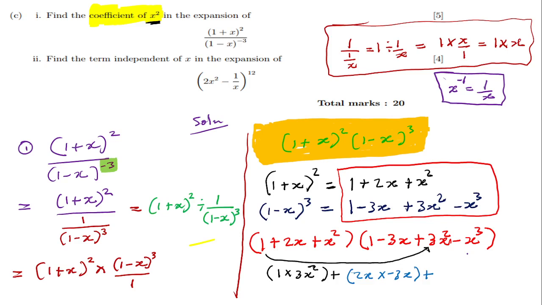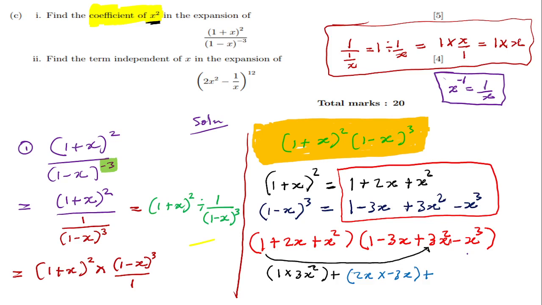When you add all these, guys, 3x squared minus 6x squared is going to give you what? Negative 3x squared. Plus that is going to give you negative 2x squared. Now, I have my negative 2x squared. That's what I have. Now, the question is saying, find the what? The coefficient.